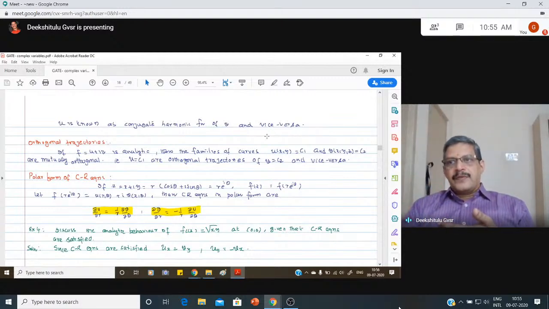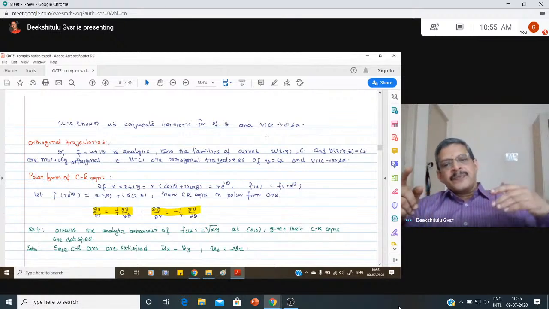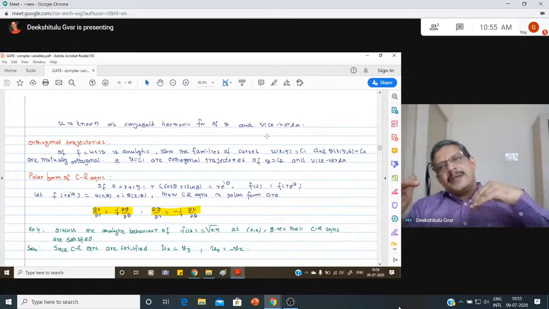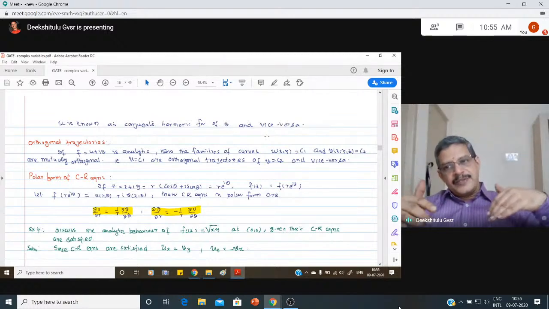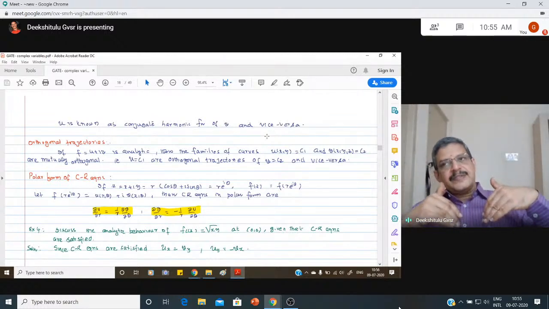Similarly, if you go on giving different values to C, we get another surface. So these two surfaces are orthogonal trajectories of one another. What do you mean by orthogonal trajectories? At any point, you draw a tangent to the surface, they are perpendicular to each other.